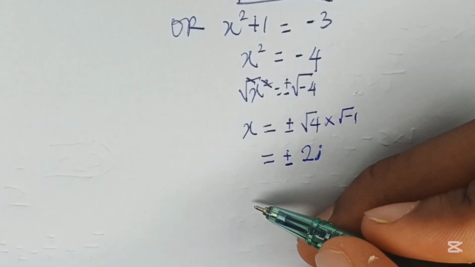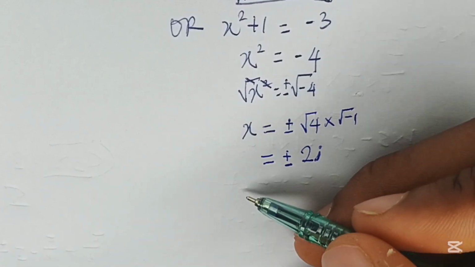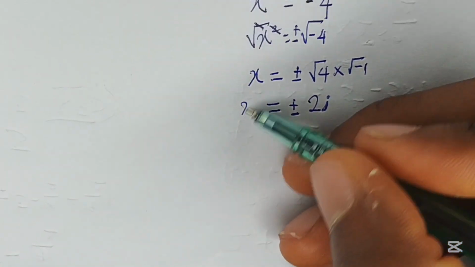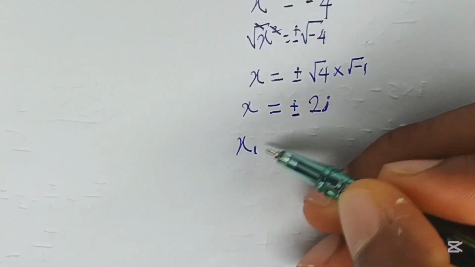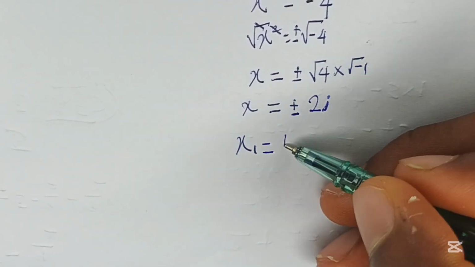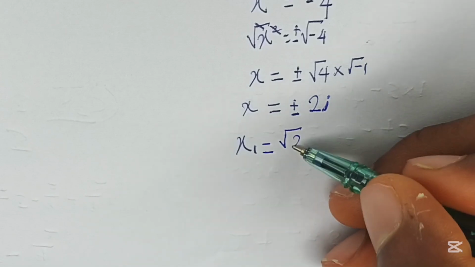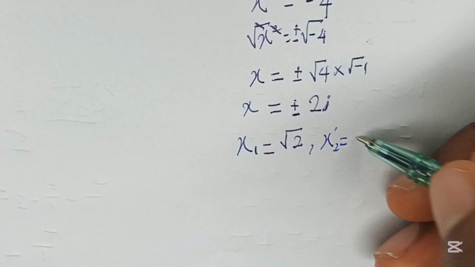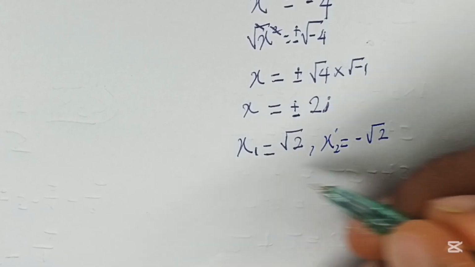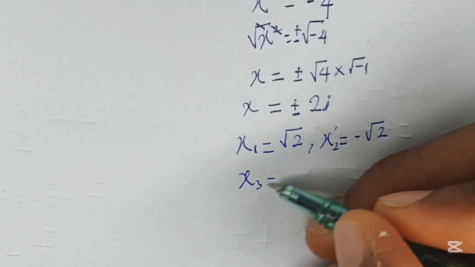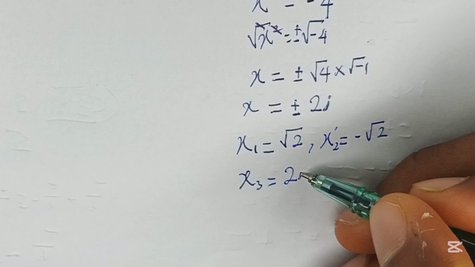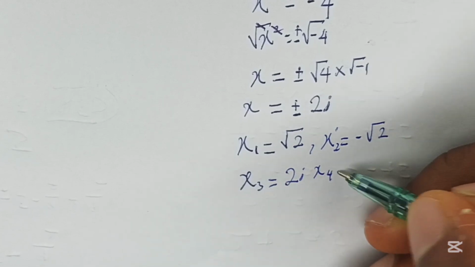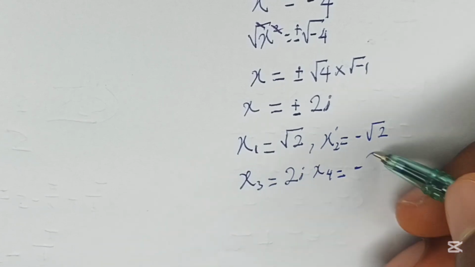Okay, so we have the values for x as follows. We have x1 to be equal to positive root 2, x2 to be equal to negative root 2, x3 to be equal to 2i, and x4 to be equal to minus 2i.